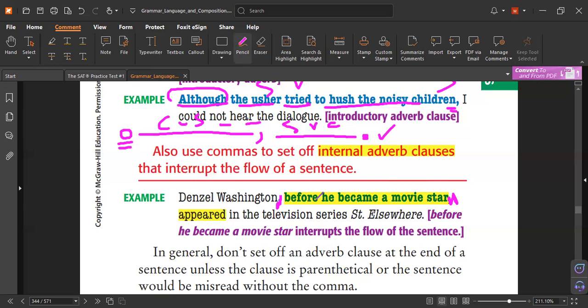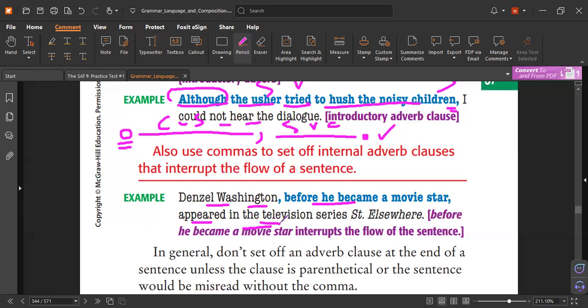But here, it's an internal adverb clause, so we must use them. So we need two commas. But isn't this like unessential information, because we can just remove it? If you delete it, the meaning will not be clear because you delete information related to the content, the main idea.